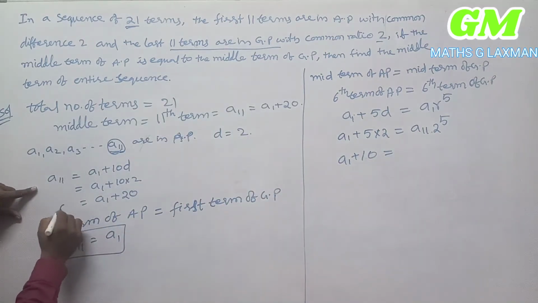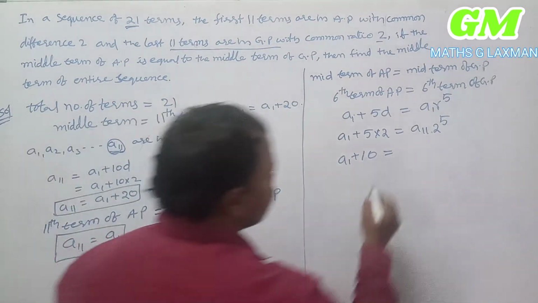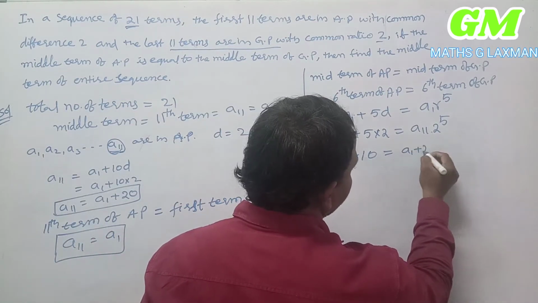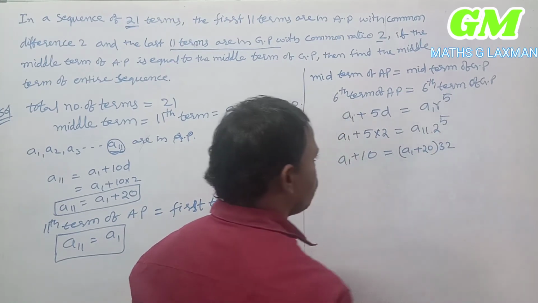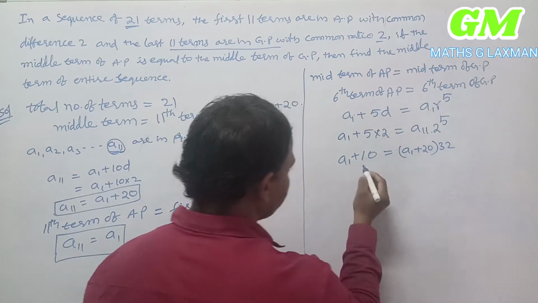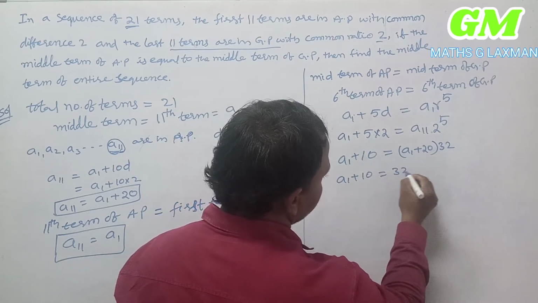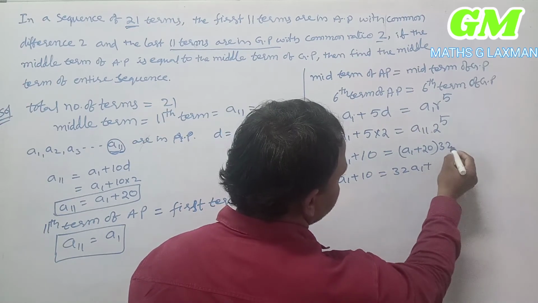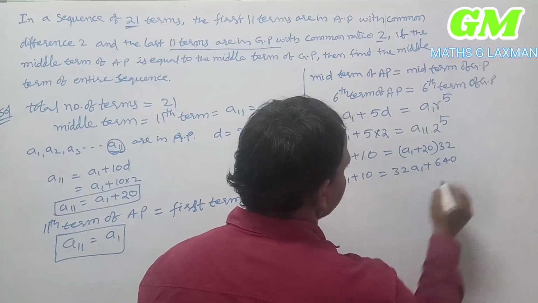A11 is A1 plus 20. So put it here: A1 plus 20 into 2 to the power of 5, which means 32. So A1 plus 10 is equal to 32 A1 plus 640.